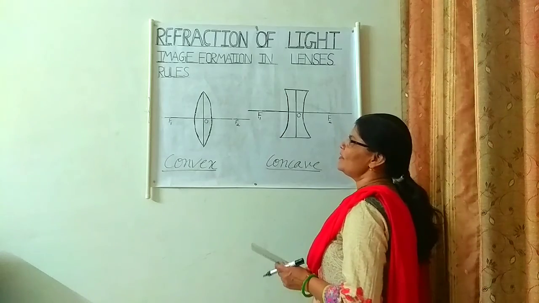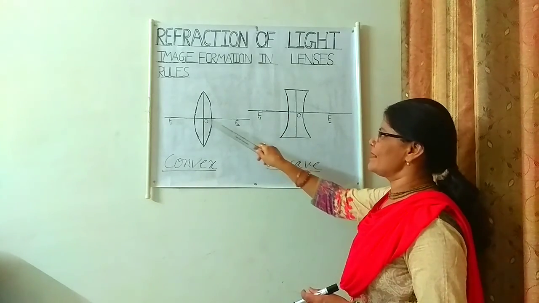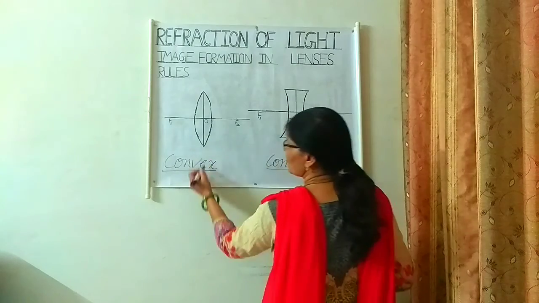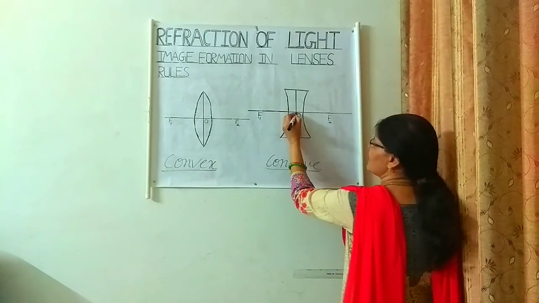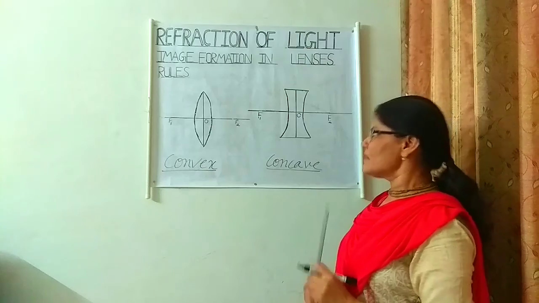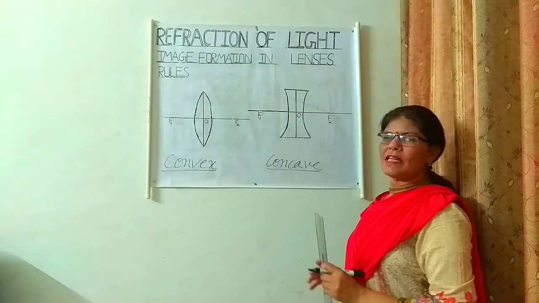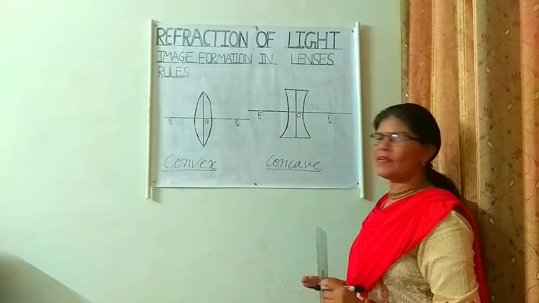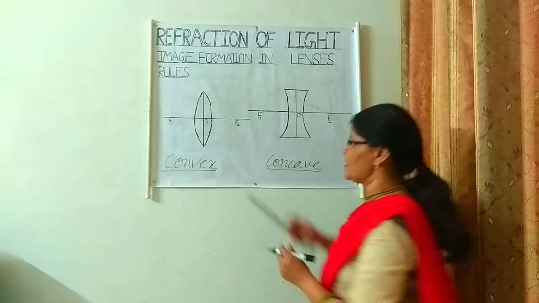In the third rule, the incident ray passes through the optical center. This is the optical center of the convex lens and this is the optical center of the concave lens. When the incident ray passes through the optical center, then it will not show any deviation, it will pass as it is. It will not show any refraction or deviation.